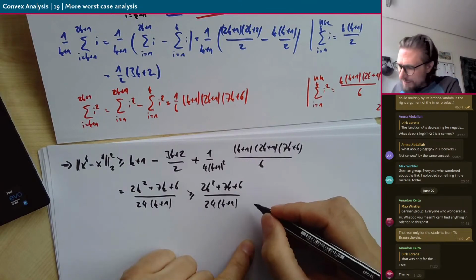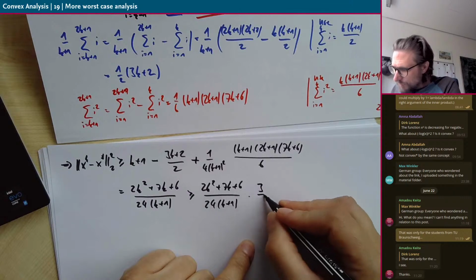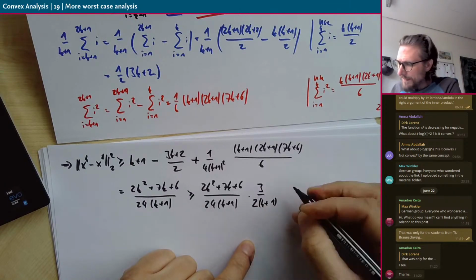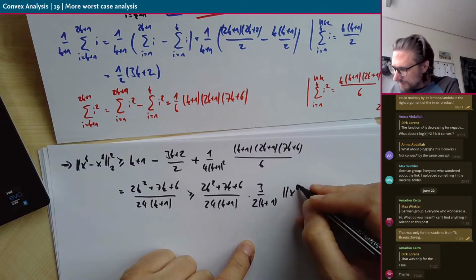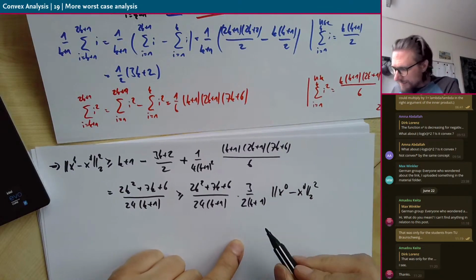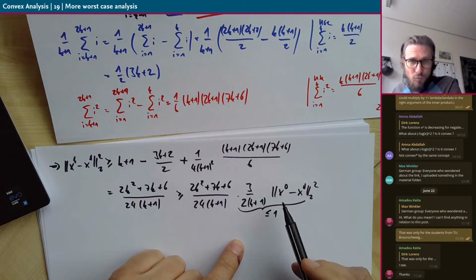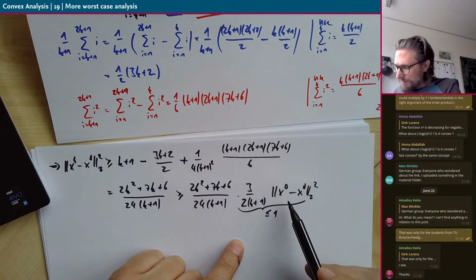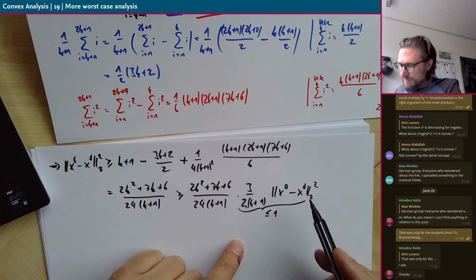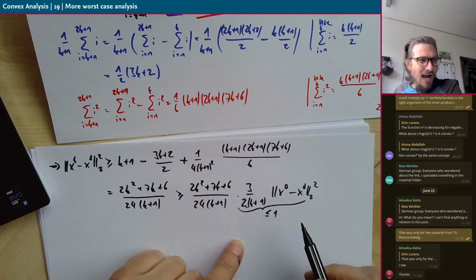And we multiply by something which is less than 1, and this is 3 over 2 times k plus 1 times x0 minus x star squared. And this guy here is actually less or equal to 1, because this here is upper bounded by 2k plus 2 divided by 3. So this is the reason why this is smaller than 1.